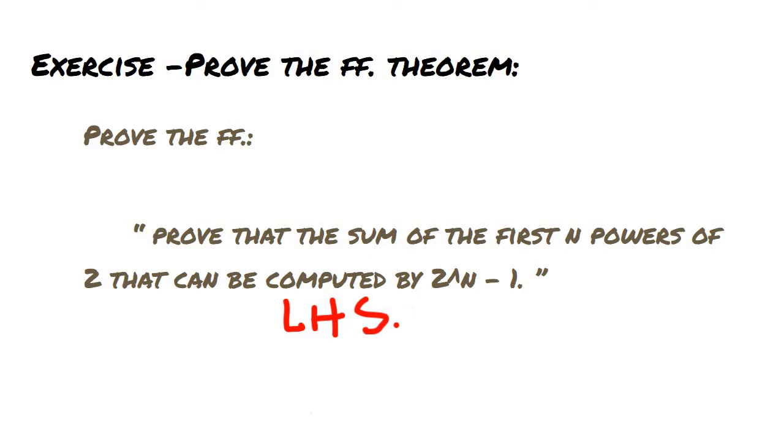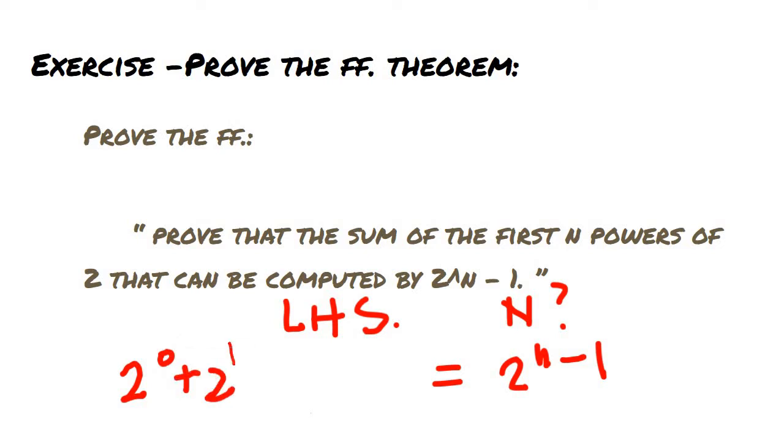and perhaps understand what is the n. So in this case, we have already a property 2 to the n minus 1, and that is supposed to mean that you have, for example, 2 to the 0, 2 to the 1, and so on.